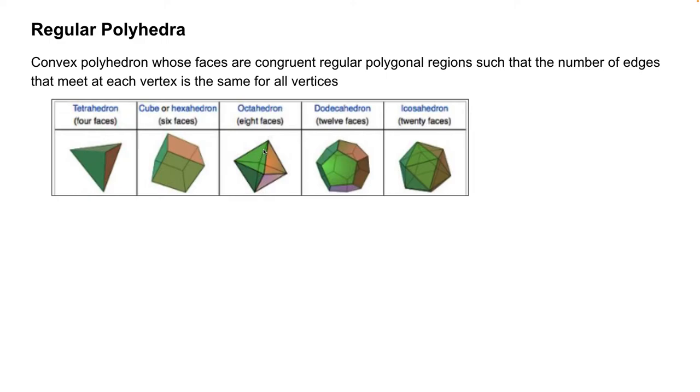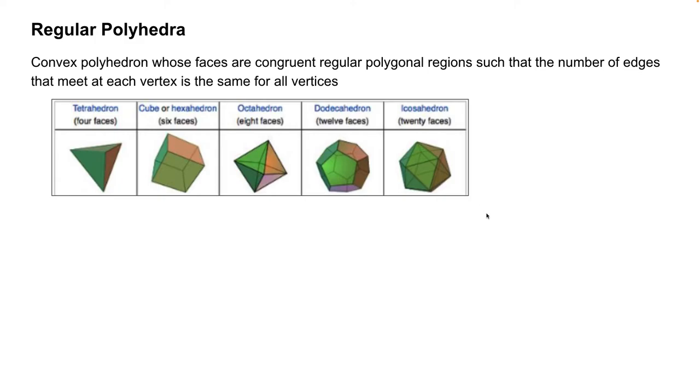When you have 8 equal-sized congruent regular polygons, then it is an octahedron. So we have 8 faces. And when you have 12 equal regular faces, it's called a dodecahedron. When you have 20 faces, it's called an icosahedron.